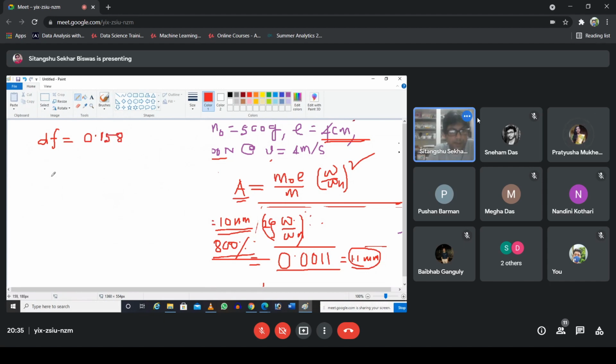Yes, sir. Now second was the instantaneous amplitude. How much? Sir, 1.09 millimeter or 1.1 millimeter. 1.1 millimeter. And the phase angle? Sir, 343.09 degree. 343.